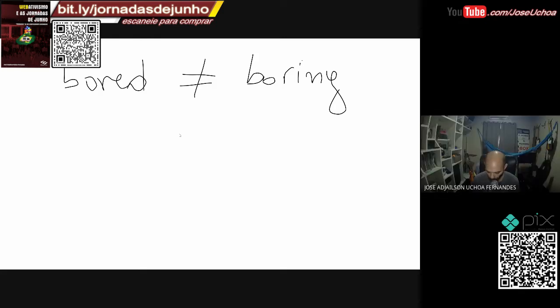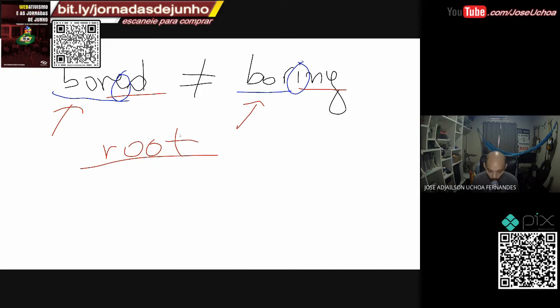Kind of connected. And they are kind of connected because this bore part, we have a changing vowel, okay? We have a different ending that we call suffix, the final ed versus the ing, but we can see a common root. And that's exactly what this part of the word is. It's the root of the words, okay?